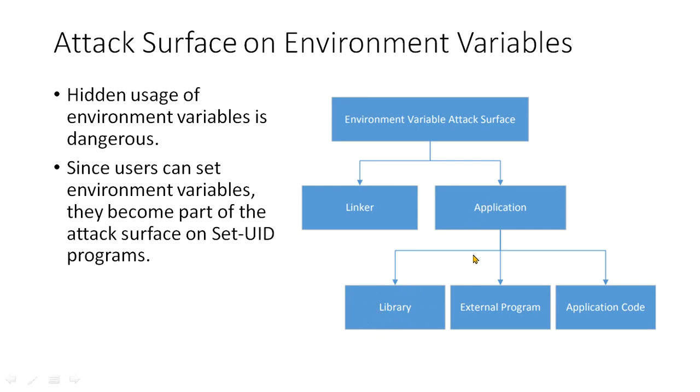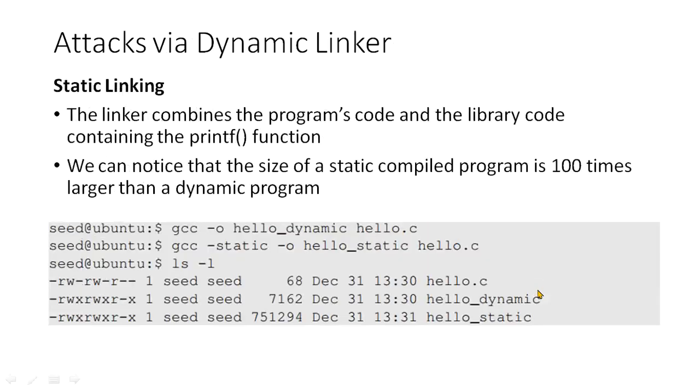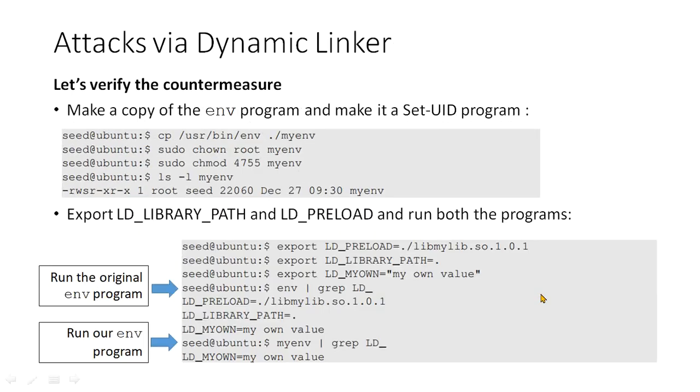Now we try to see the second case here. When an application runs an external program, we try to cheat the system command by running our own program instead of the program expected by this application. So we do it like this.